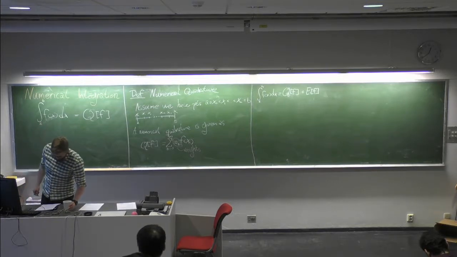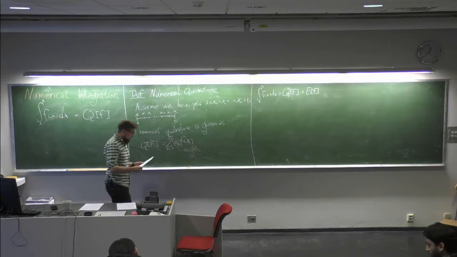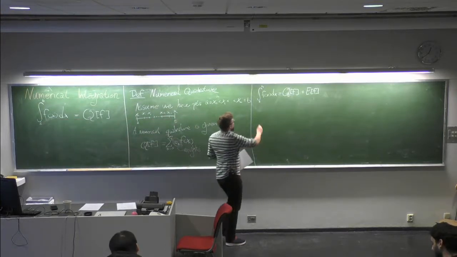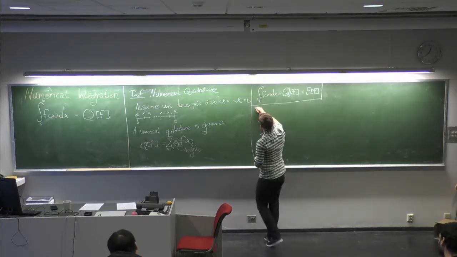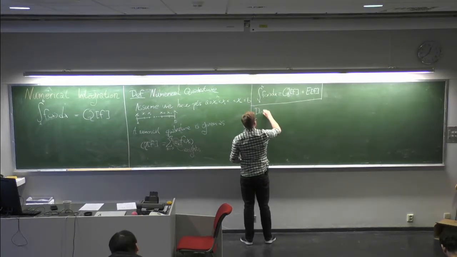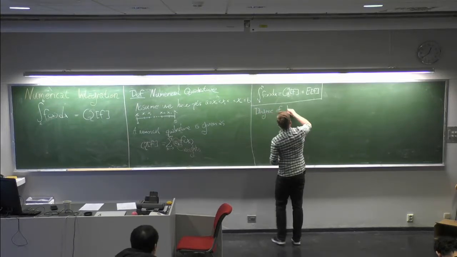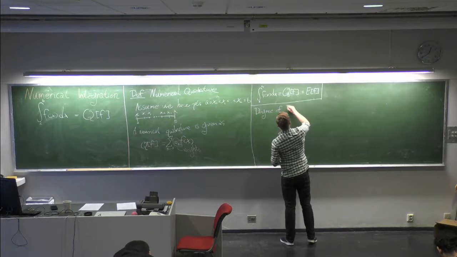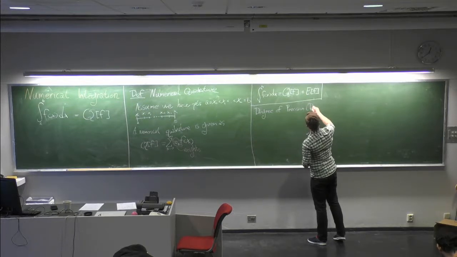And we also need a measure of how good this is, the degree of precision, called dp.